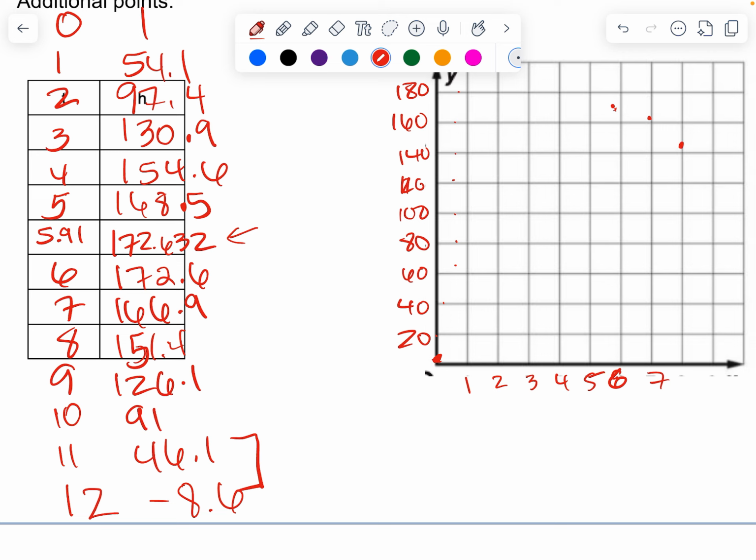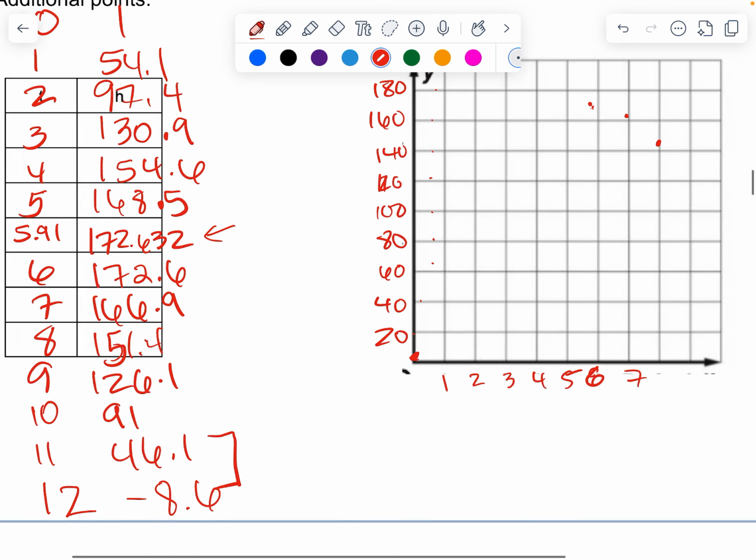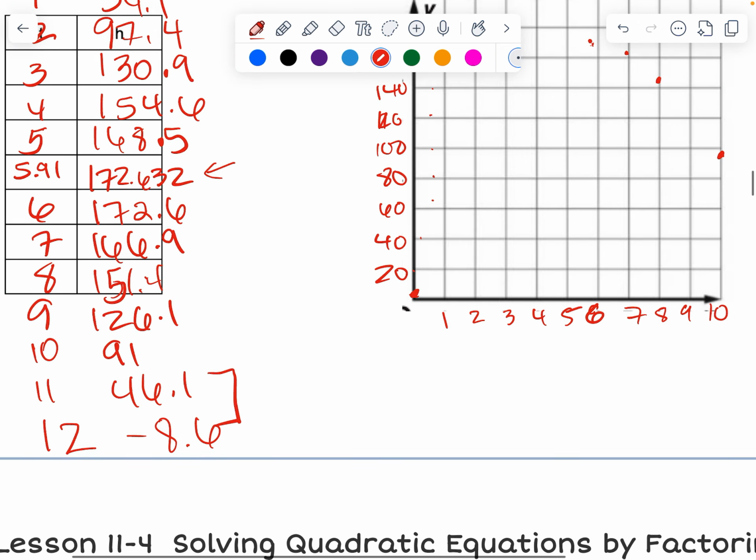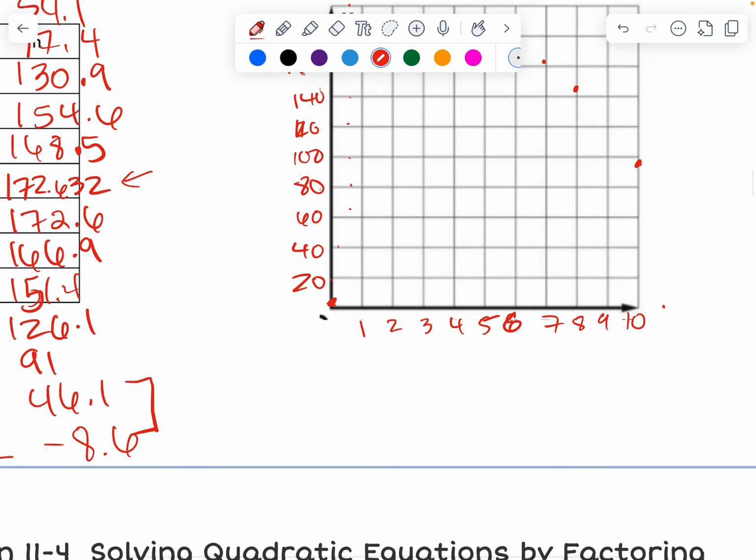So somewhere about here. 10 is 91. 11 is 46. And then somewhere here, 12 is going to be way down here.